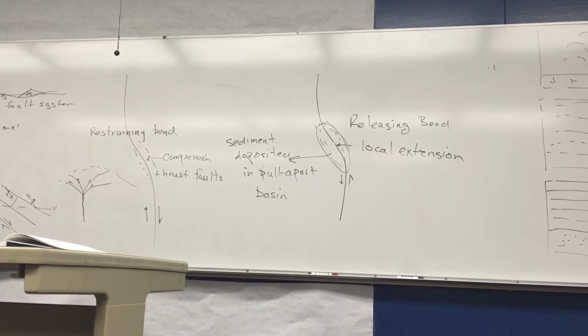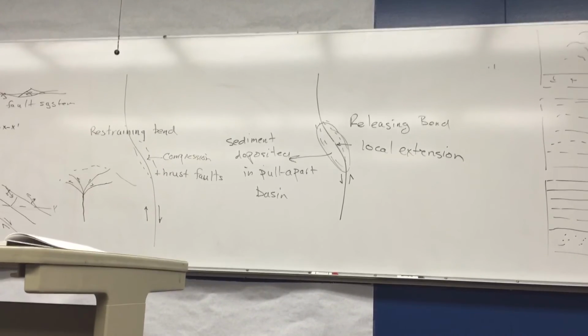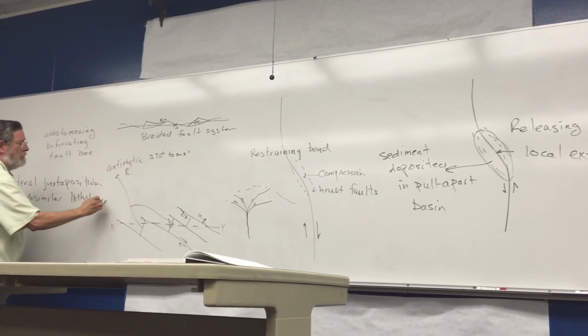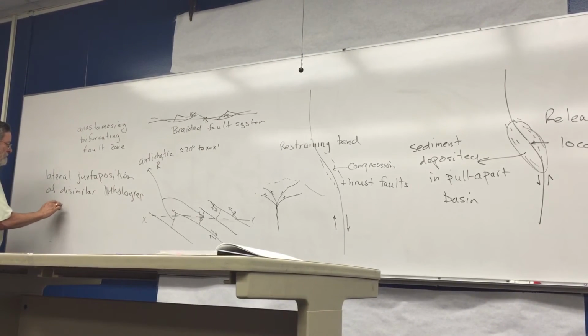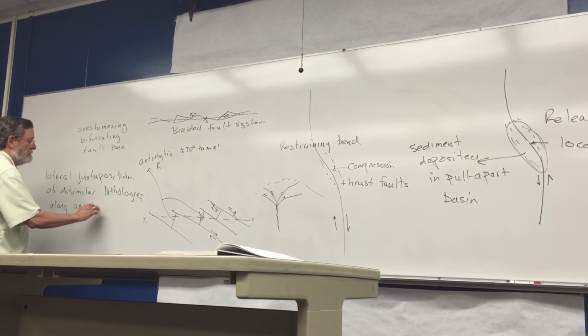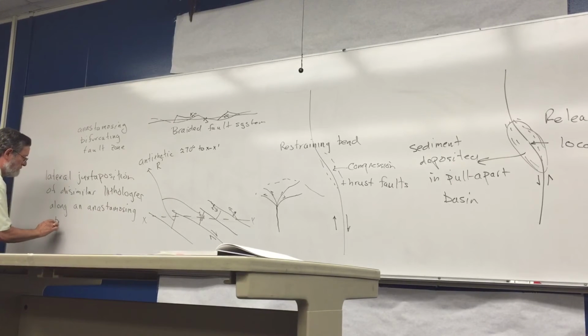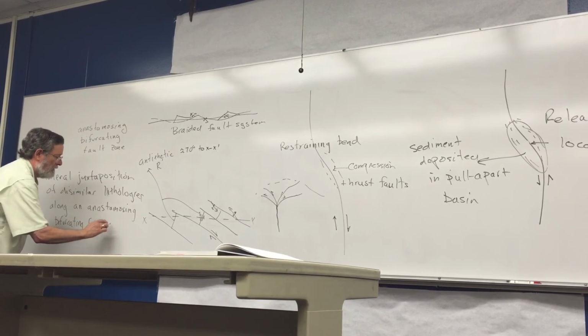So a strike-slip fault zone is a fault zone that shows the following: lateral juxtaposition of dissimilar lithologies along an anastomosing, bifurcating fault system.